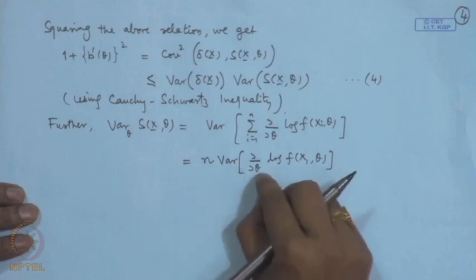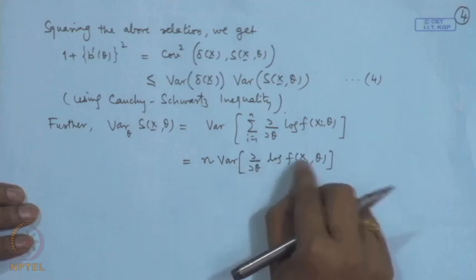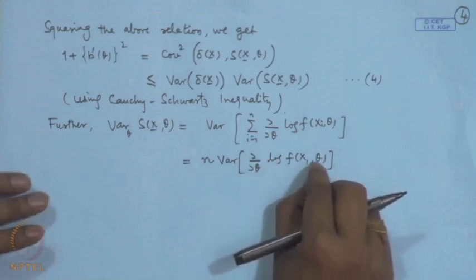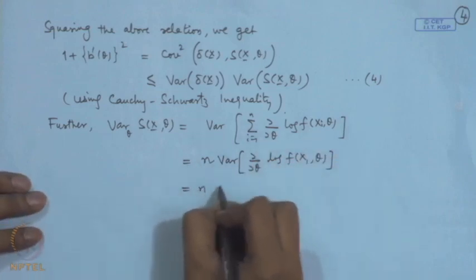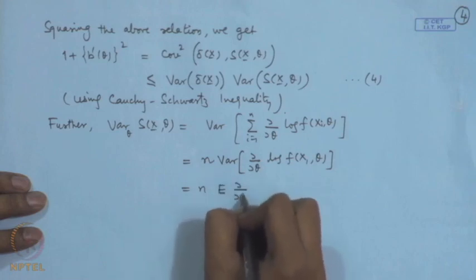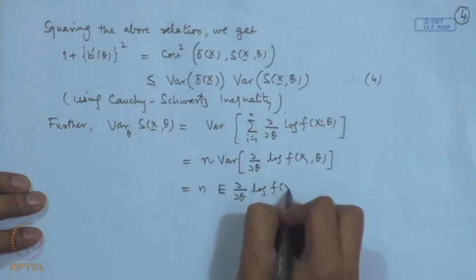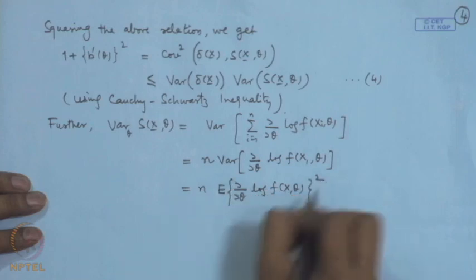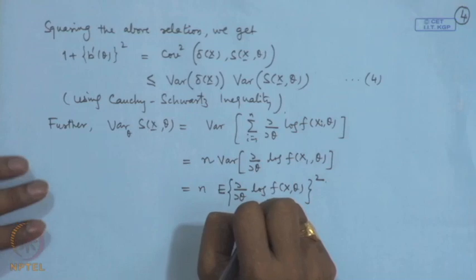Since the expectation of del by del theta log f x theta is 0, this is nothing but the expectation of del by del theta log f x theta whole square. So, this is equal to n times the expectation of del by del theta log of f x theta whole square.